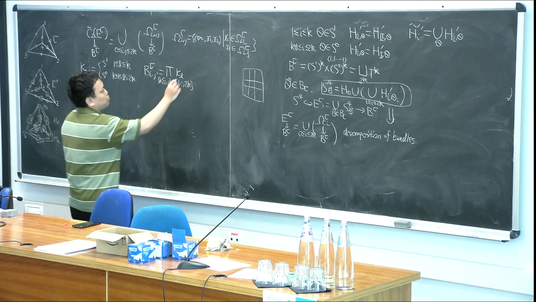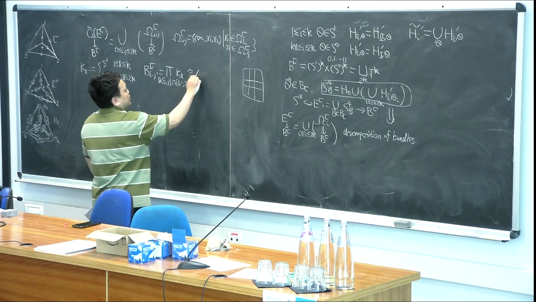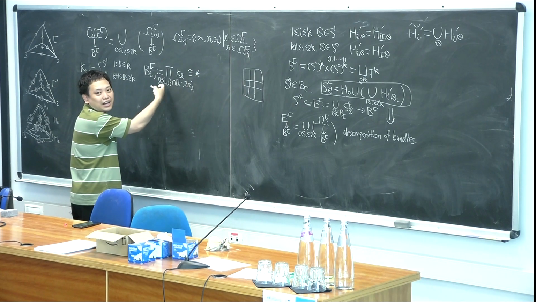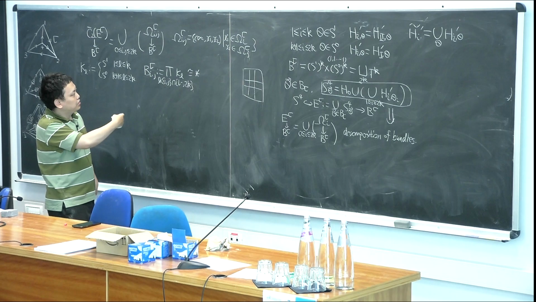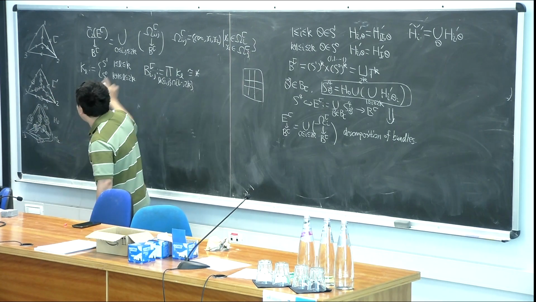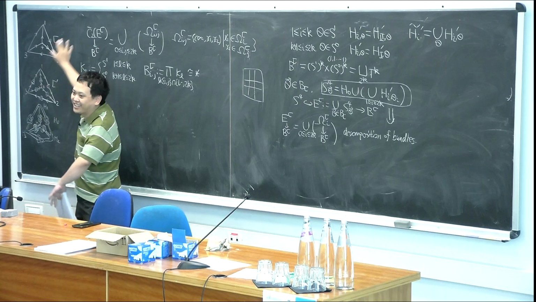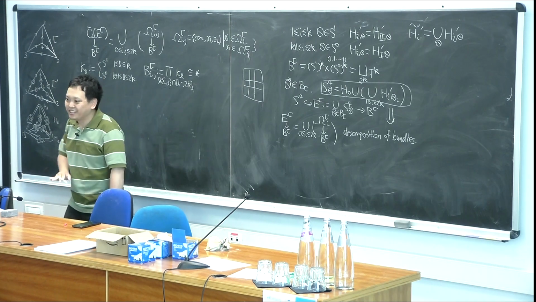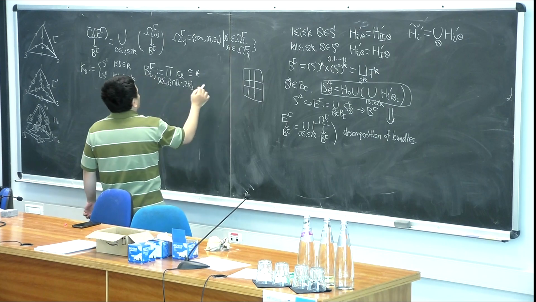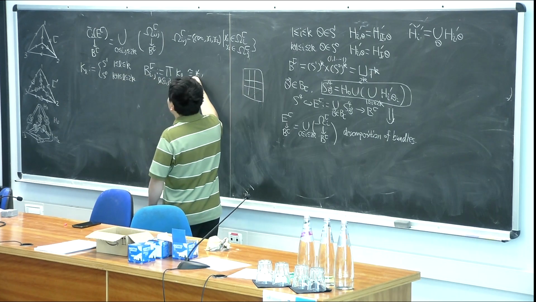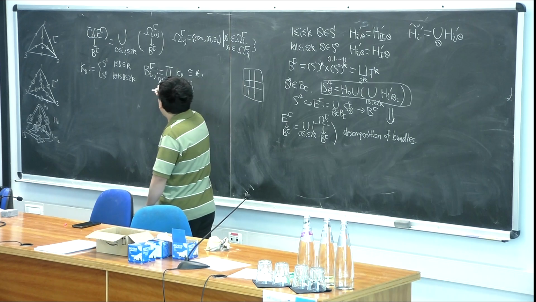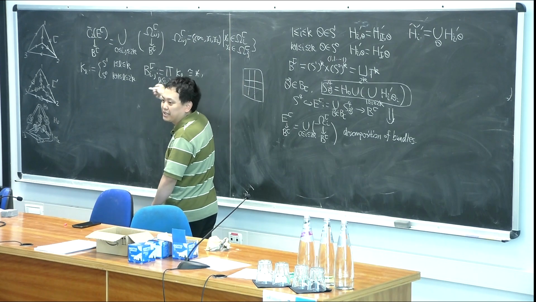So this space could be a single point if both i and j are 0. We do not include 0 because 0 is the trivial part, it's like we do nothing, near infinity. So this can be a single point if this is an empty set, which corresponds to i and j both equal to 0.